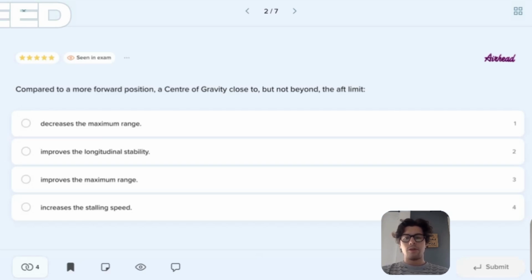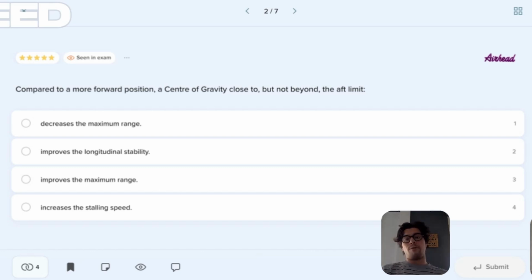Now, question number two. Compared to a more forward position, a center of gravity close to but not beyond the aft limit. These questions are quite common in the bank as well, and there are really only two types of these. So the CG is at the back of the aircraft or in the front compared to the neutral position. So what happens when the CG is forward?